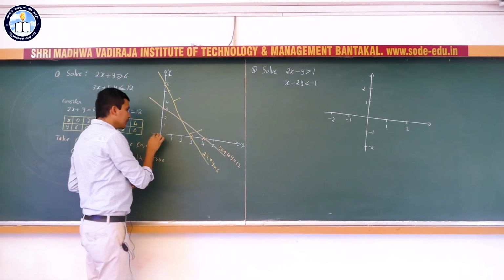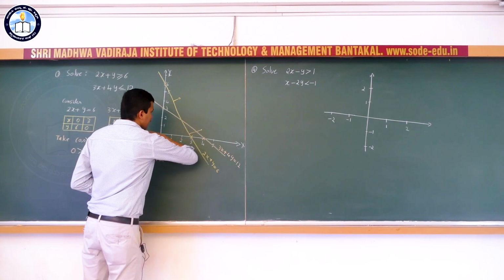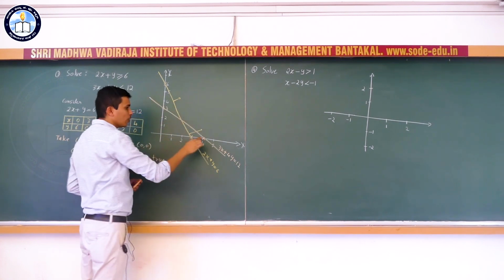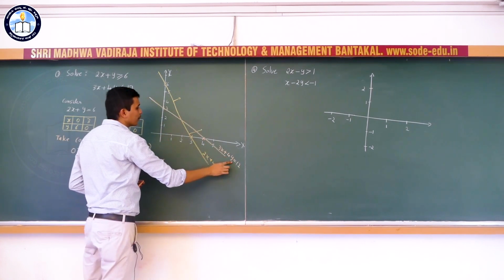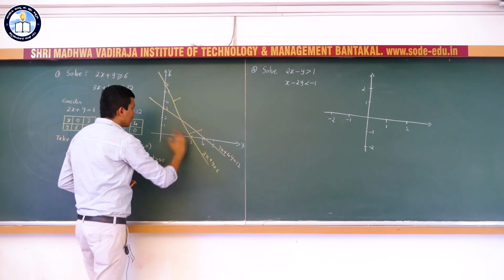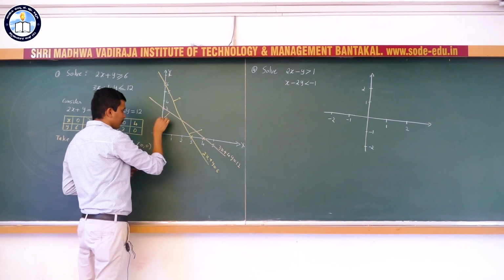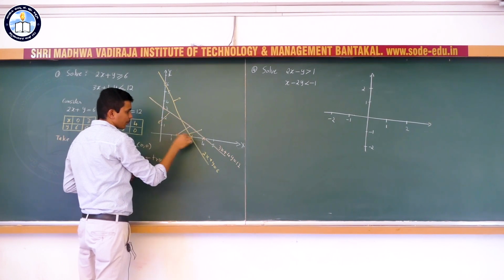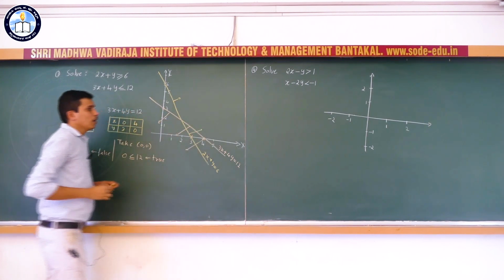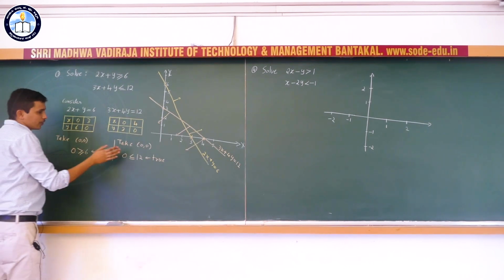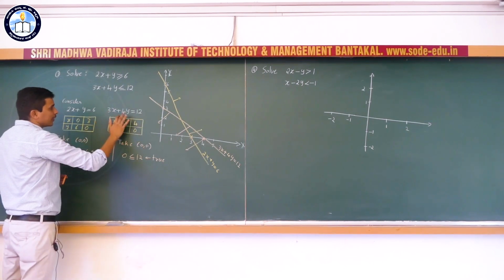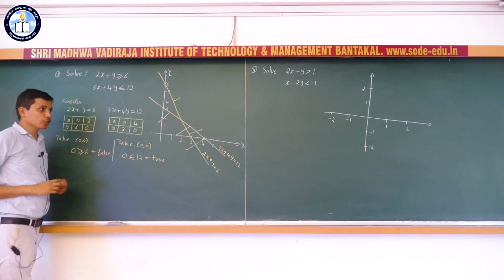That means this side, the lower half plane of 3x plus 4y equal to 12, is needed, right? So here, I need this region as a solution region for 3x plus 4y less than or equal to 12.